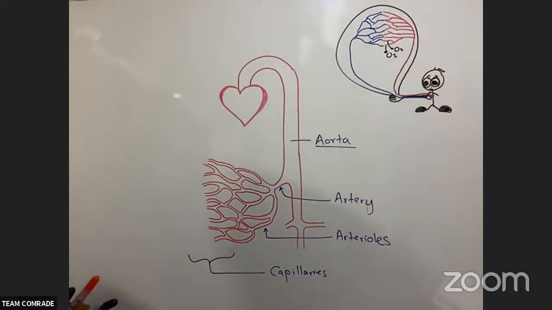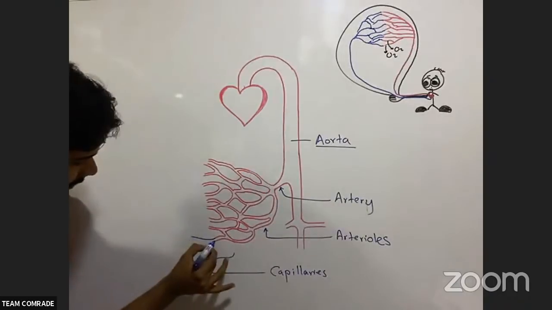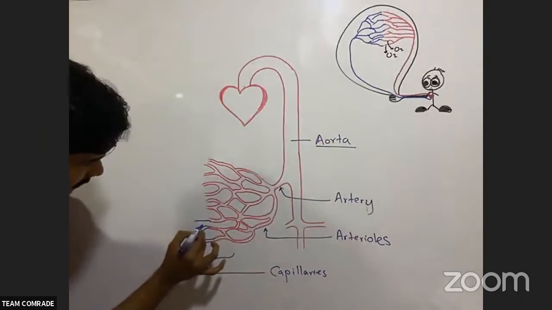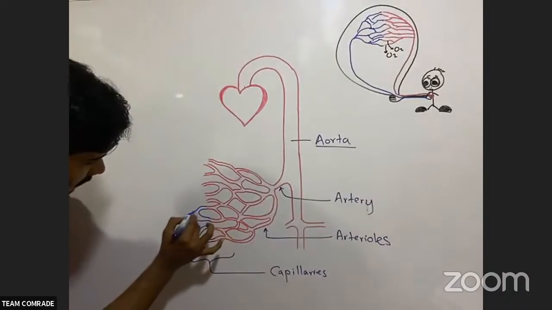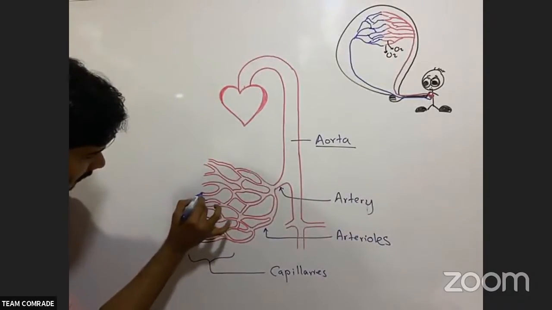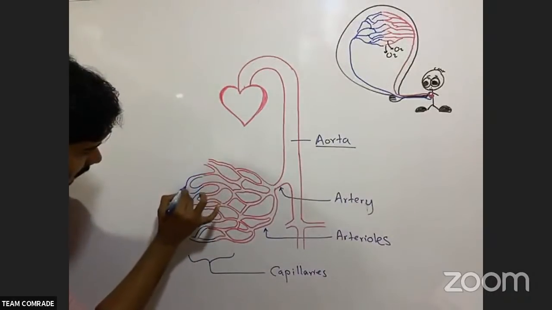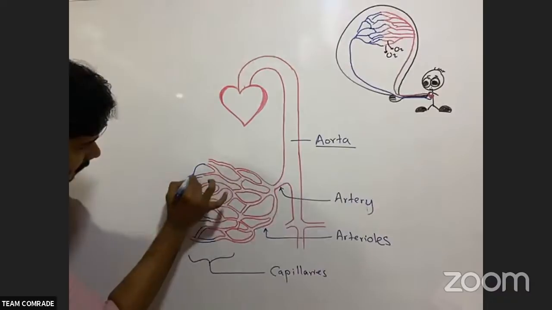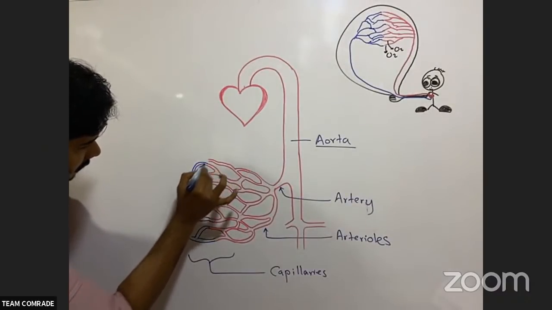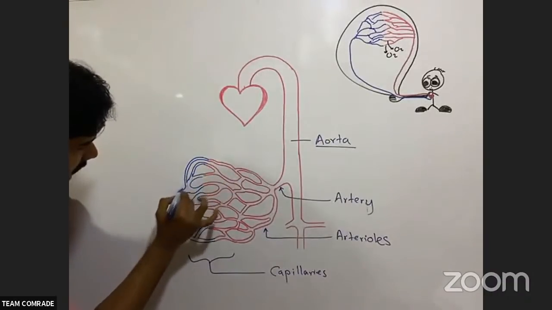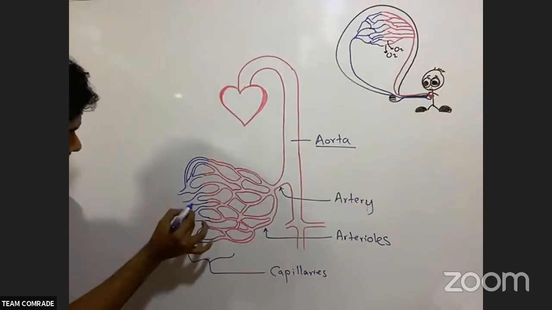Now what happens here? Then they are taking the blood like this. You join like this, and they are taking the blood. So these are also capillaries.